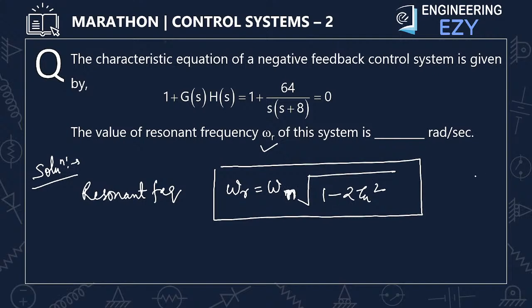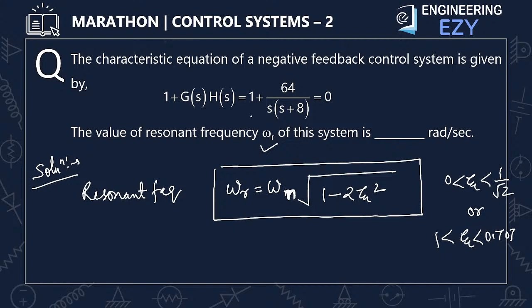But this formula is only valid if zeta is less than 1 by root 2, because resonance only occurs if zeta is less than 1 by root 2, or zeta is less than 0.707. If zeta is less than 0.707, then this formula is valid. You cannot apply this formula blindly.